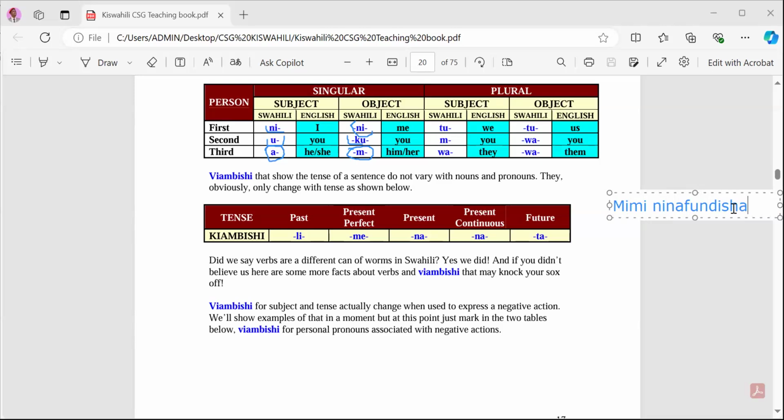Then we said in the object part will be alinifundisha. So this is object and this is subject.